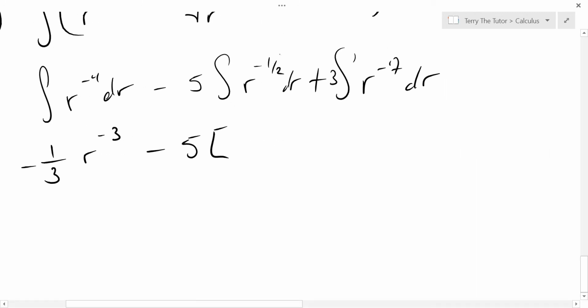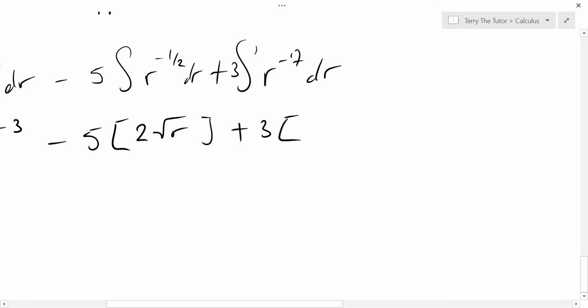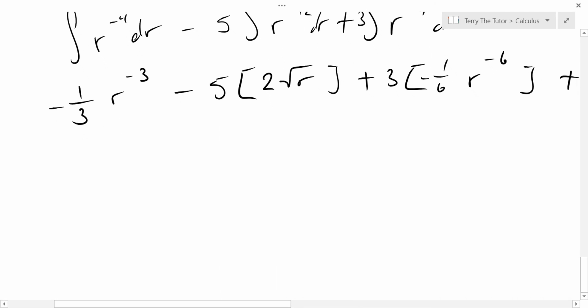We add 1, so we wind up with 1 half, so we got 2 square roots of r, and then we've got plus 3 bracket, we add 1, that'll give us 6, so that'll be 1 over 6 negative r to the negative 6 plus c.